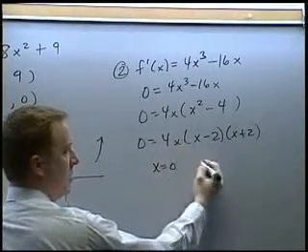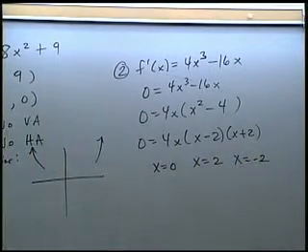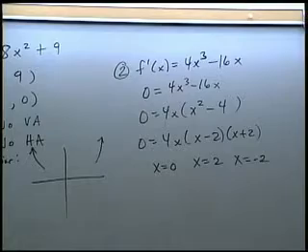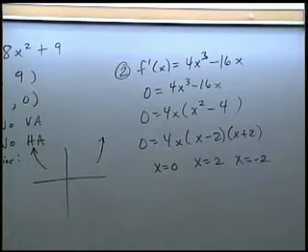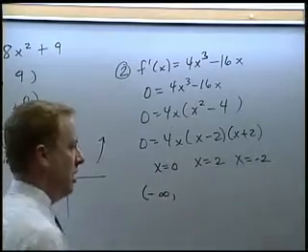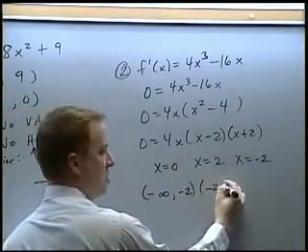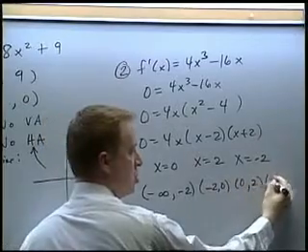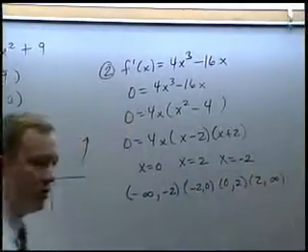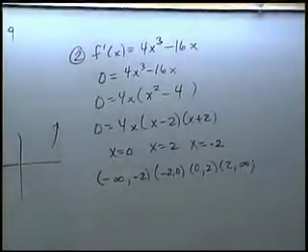I get 0 from this, I get 2, and I get negative 2. So these are three possible places for maximums and minimums. How I find out where those are is I set up intervals: negative infinity to negative 2, negative 2 to 0, 0 to 2, and 2 to infinity. And I pick a point in each one of these and test them.